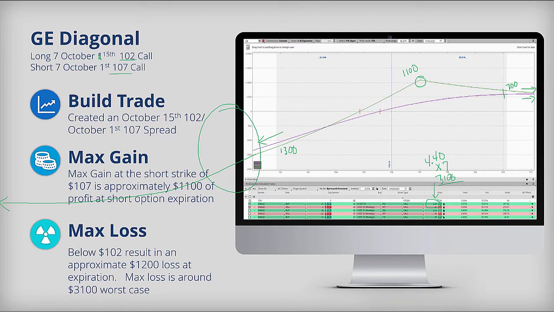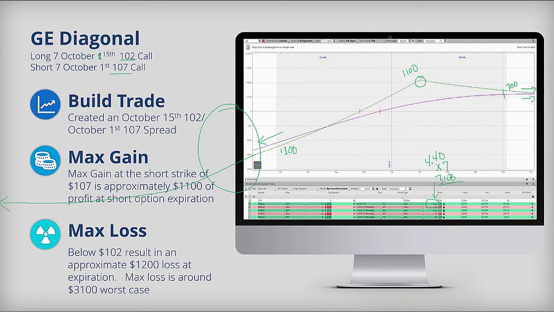So this is why when I teach diagonal calls, I always am very, very clear that this bottom leg has, I call it tail risk. So we need to do everything we possibly can in a diagonal spread before we even get in it to eliminate this tail risk.